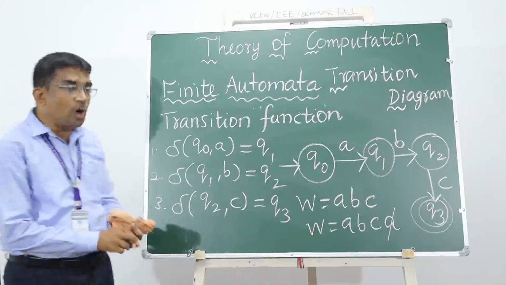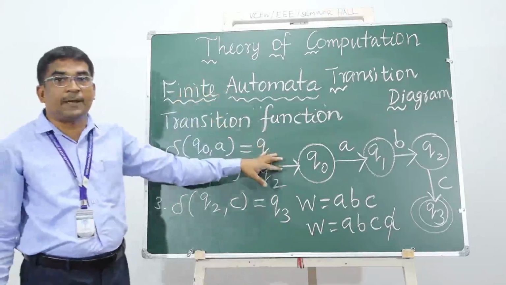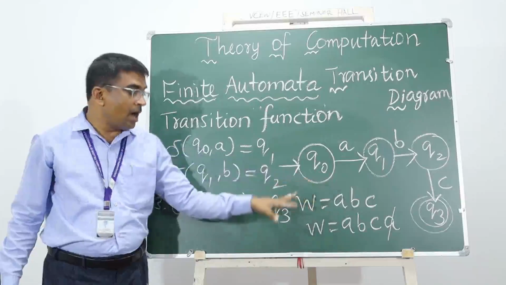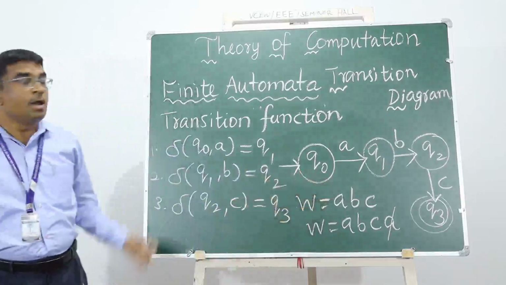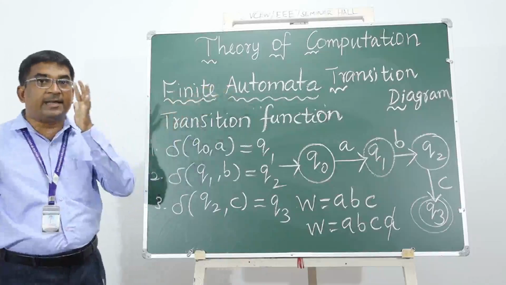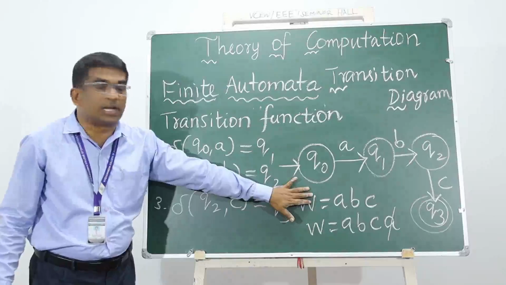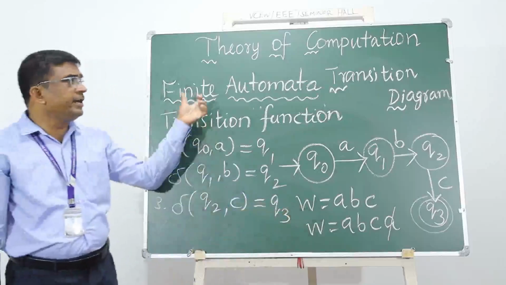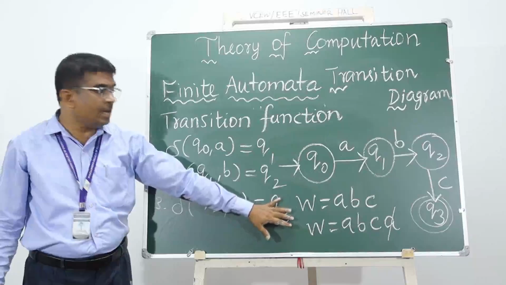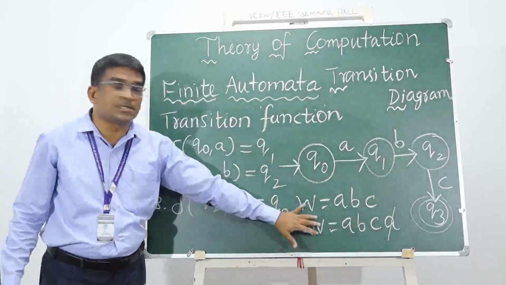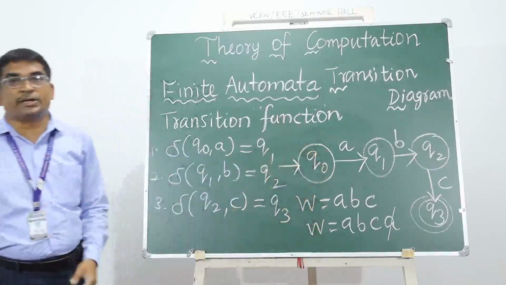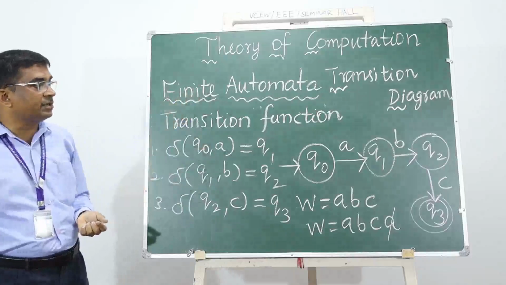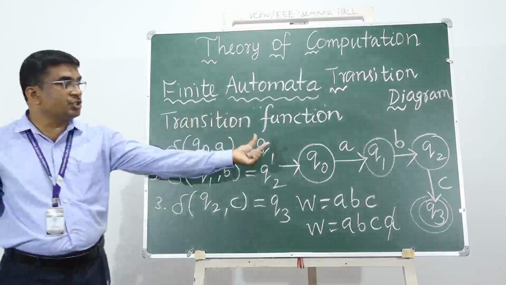This is how the finite automata accepts input. With w equal to abc, the finite automata recognizes it as an accepted input string. But if I pass the second input string, the finite automata will not recognize it, because it does not occur in the transition diagram. This is the simple method by which the finite automata accepts input with the transition function and transition diagram.